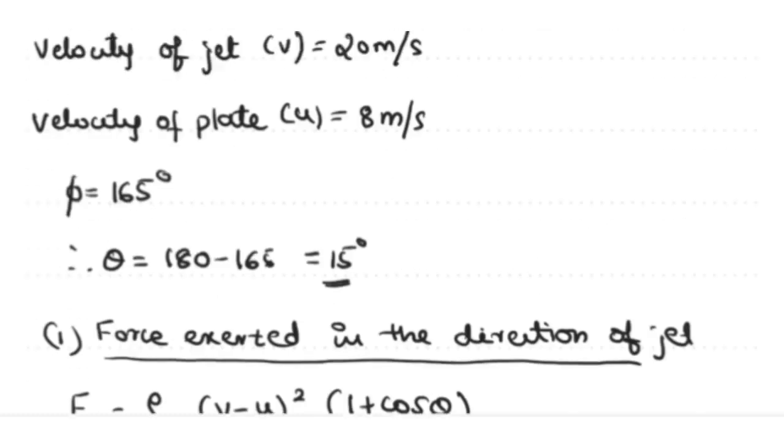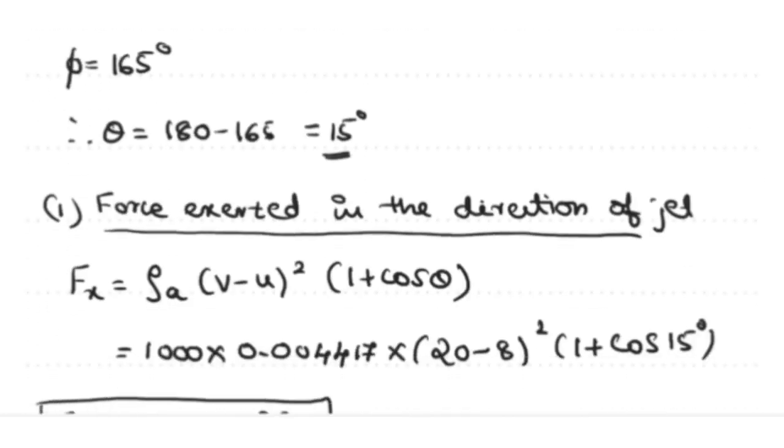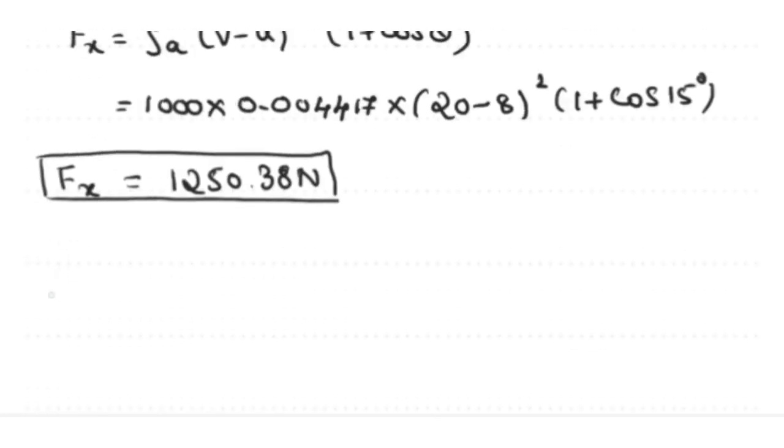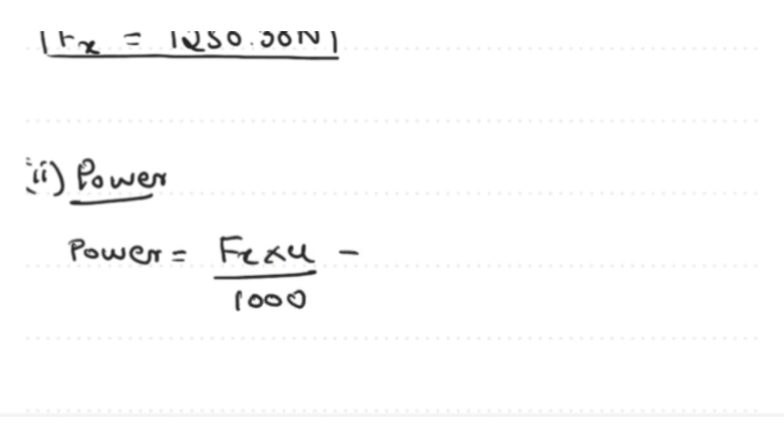The second thing to find is the power of the jet. Power is equal to Fx into u divided by 1000.